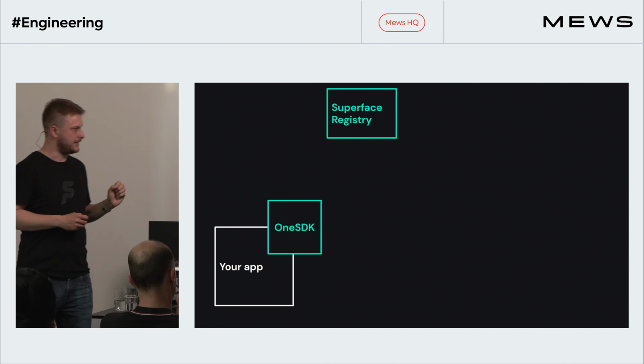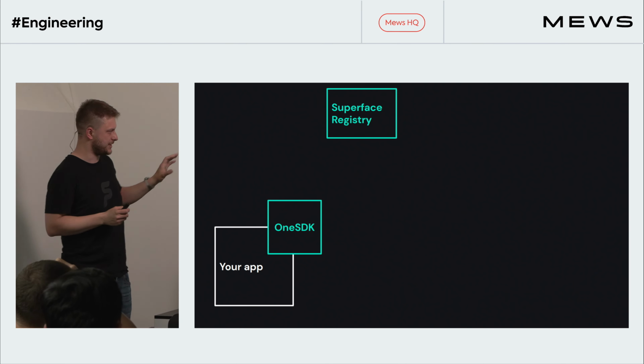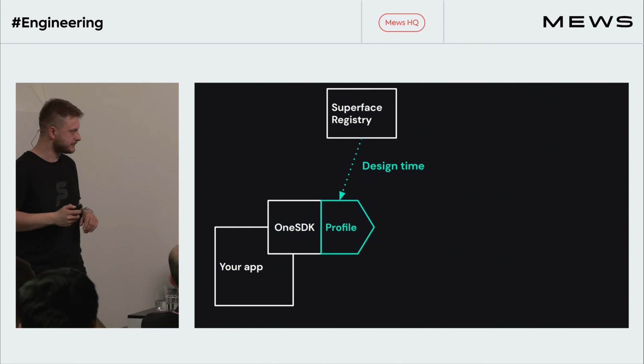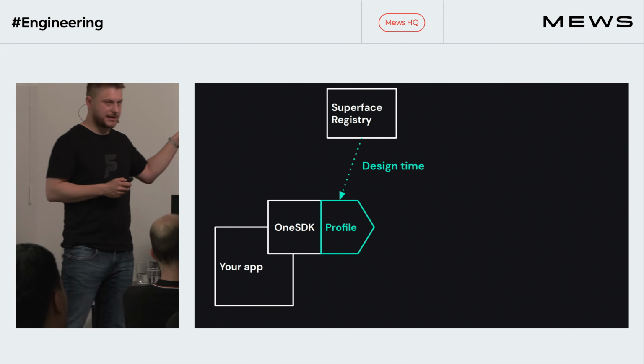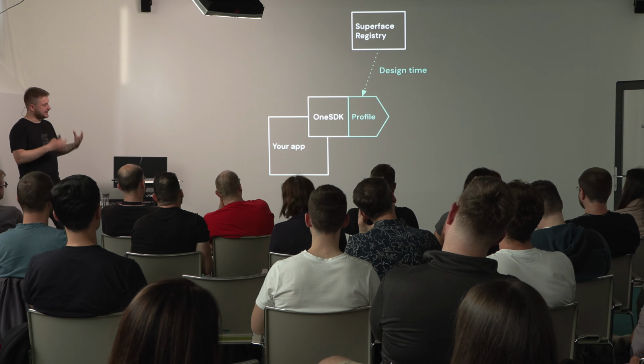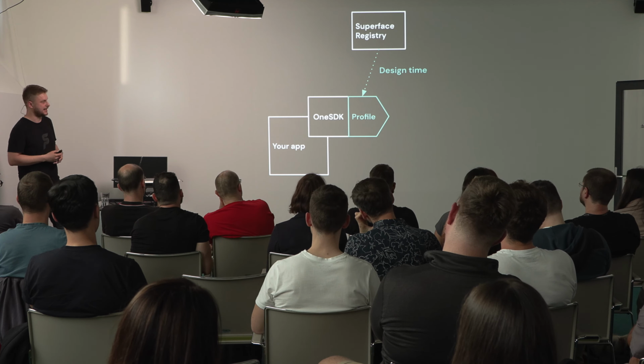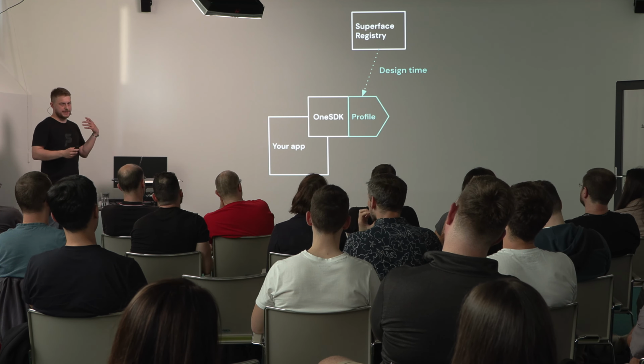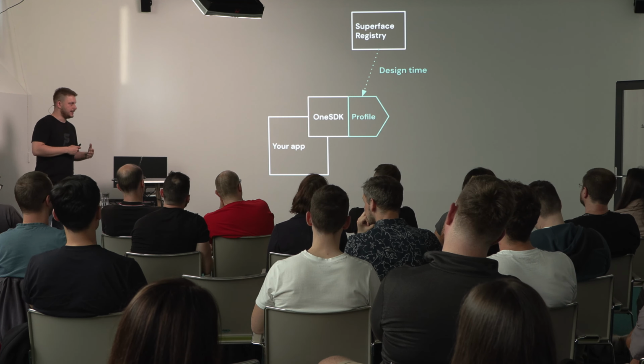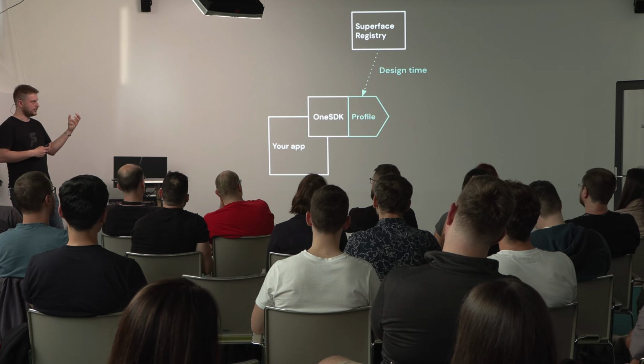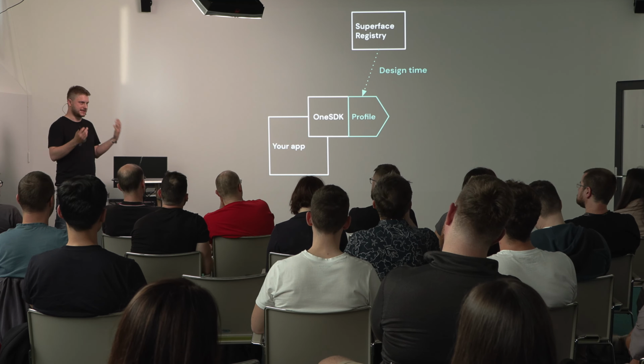And how does this actually work, or where are we in this plan? We have this thing called OneSDK, which is integrated in your application. It's a standard library you would install, but it's sort of like a universal API client. When you are writing your application, you can load a profile of things like, I want to send an SMS text message.